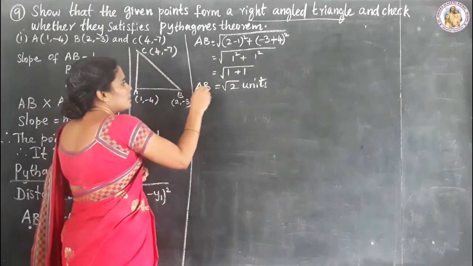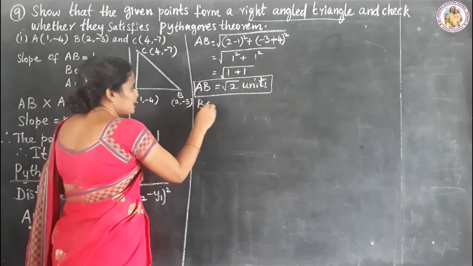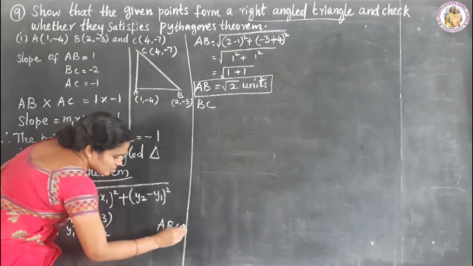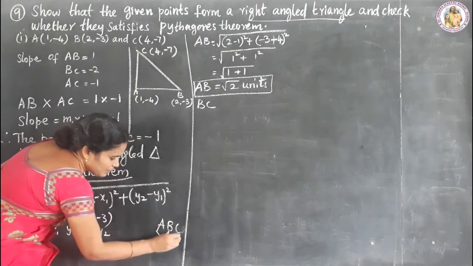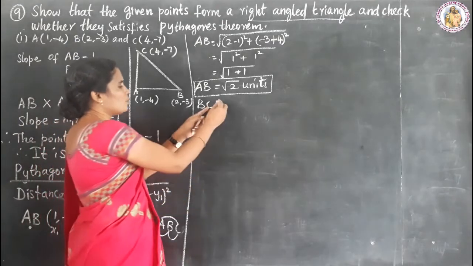So AB is equal to root 2 units. And now let us find BC. Very simple, same way. ABC, first find AB, then BC, then AC. Okay. So then let us move to BC.